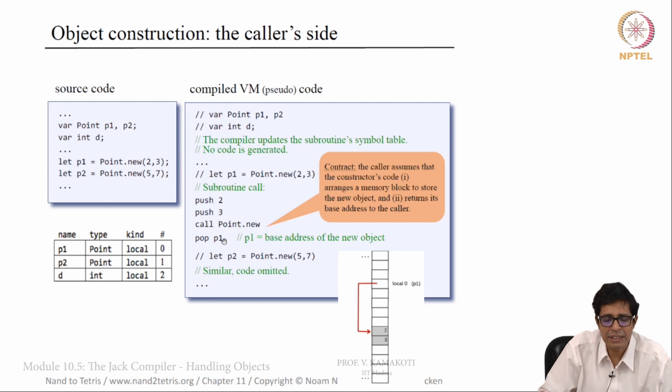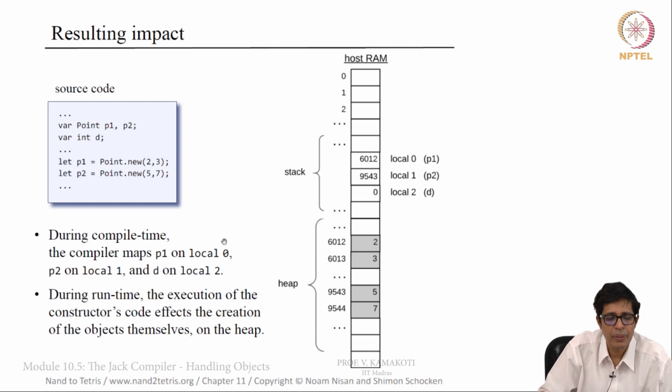Okay, now let us see how this resulting impact will happen. We will say var point P1, P2 and D. P1, P2 will be stored as local variables and D also as a local variable, and initially everything would be 0.